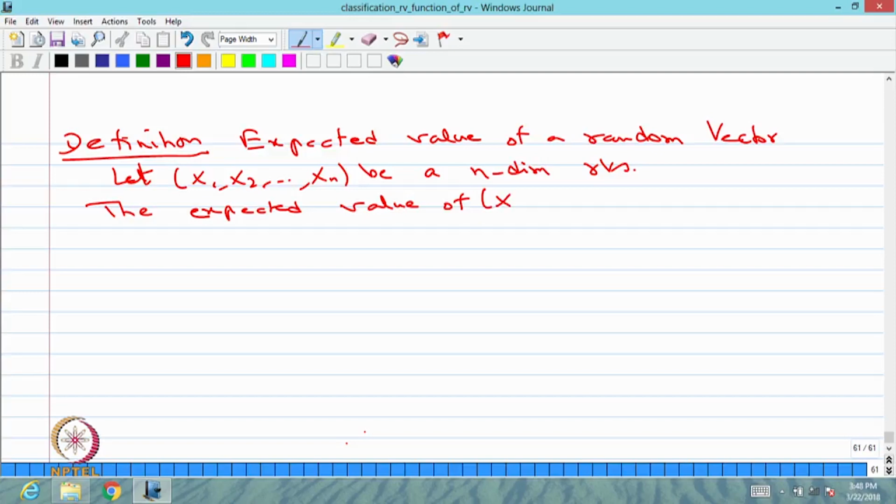Let me denote this random vector X1, X2, ..., Xn with the notation capital X.